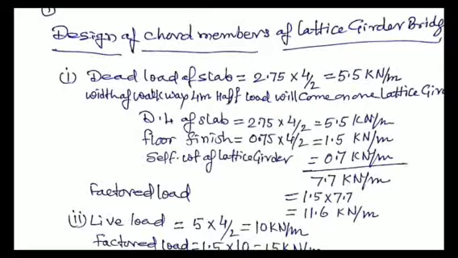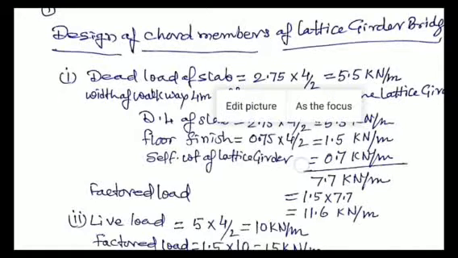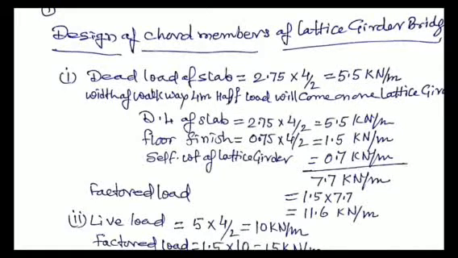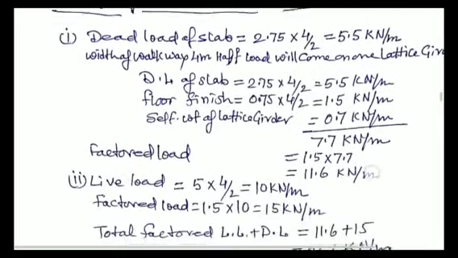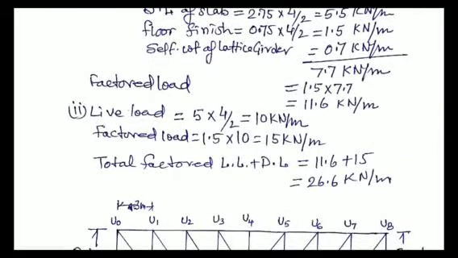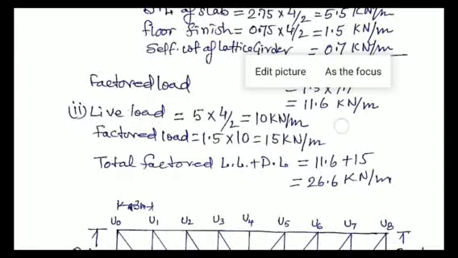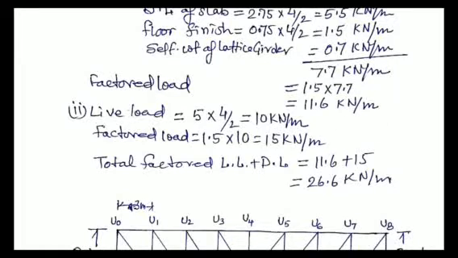Multiplying by half of the span, 4 by 2, it comes out to be 1.5 kilonewton per meter. And self weight of the lattice girder, assume that it is 0.7 kilonewton per meter. So the total load comes out to be 7.7 kilonewton per meter. Now factor this load. On factoring, this load comes out to be 11.6 kilonewton per meter.